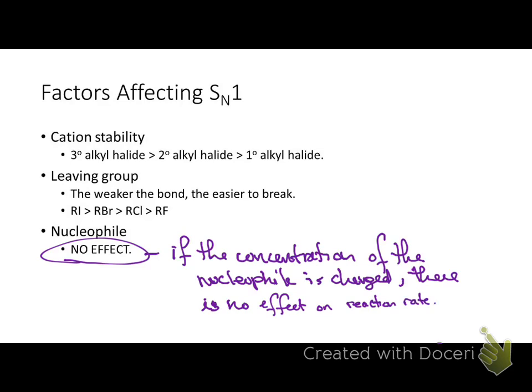In fact, you could even change the nucleophile to something completely different and the reaction still goes at the same rate. It just depends on how fast that carbocation forms. It's a hard idea because you're usually taught that if you change something there should be a change, but in this case you change something, there's no change.